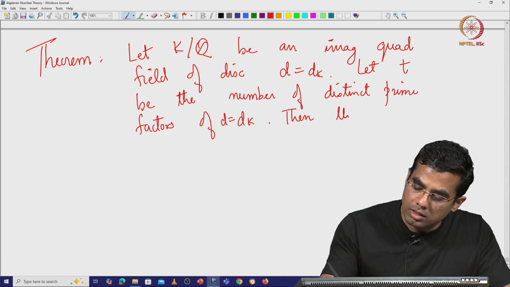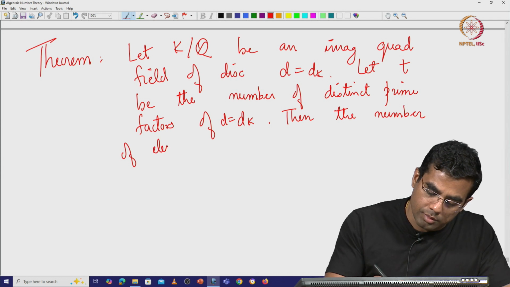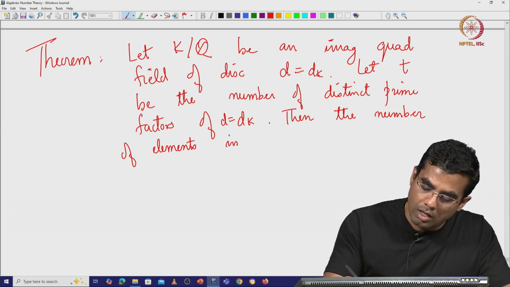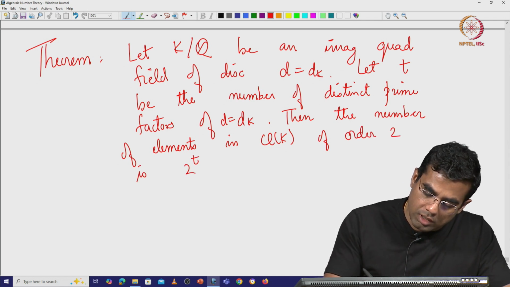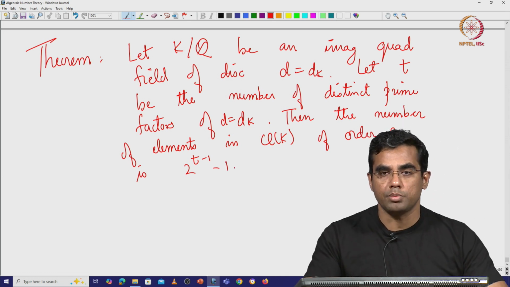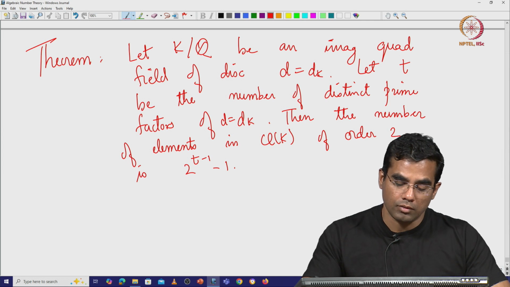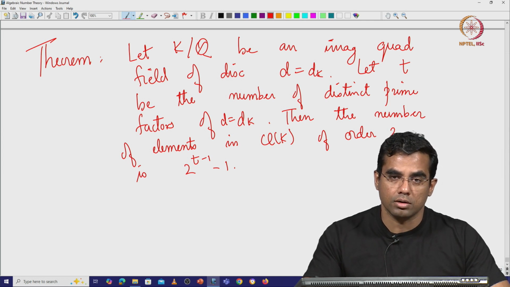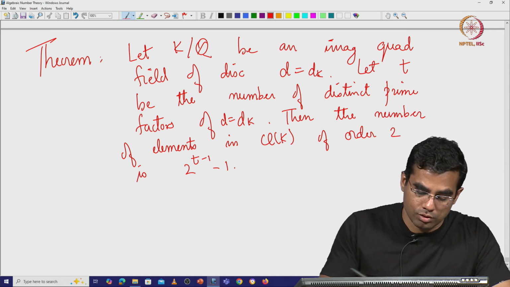Then the number of elements in the ideal class group of K of exact order 2 is 2^(t-1) minus 1. So, if there are two distinct prime factors for the discriminant, then there will be exactly one element of order 2. If there are three distinct prime factors of the discriminant, then there will be exactly 3 elements of order 2, and so on and so forth.